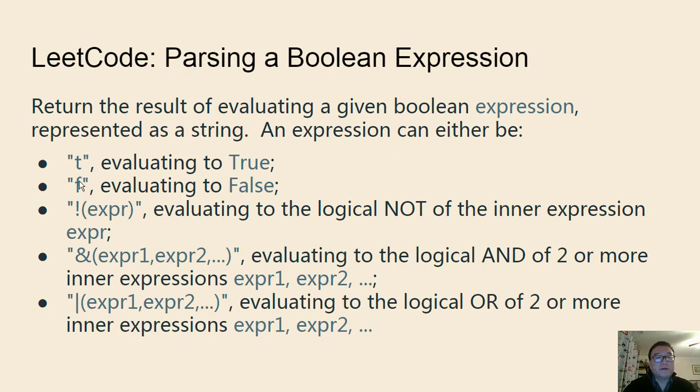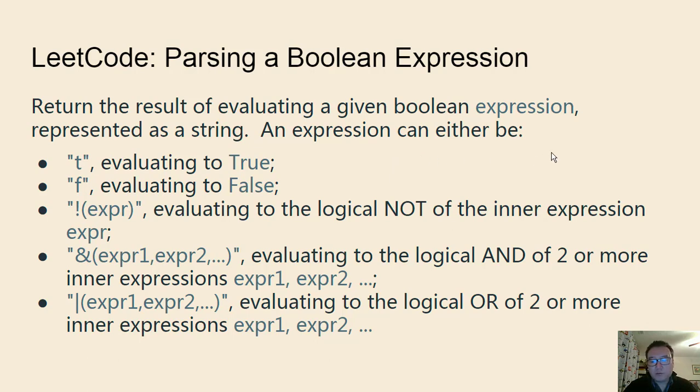So we are basically given input as a string, and we are supposed to compute true or false, a Boolean expression. This is also a question I recommend you really spend some time thinking about, to see how you would do it.